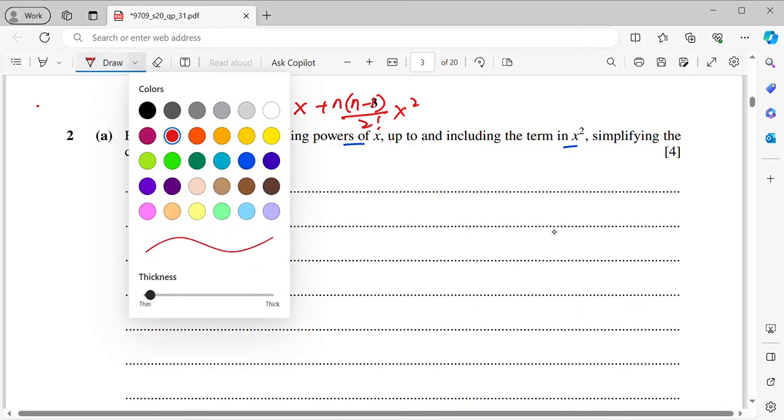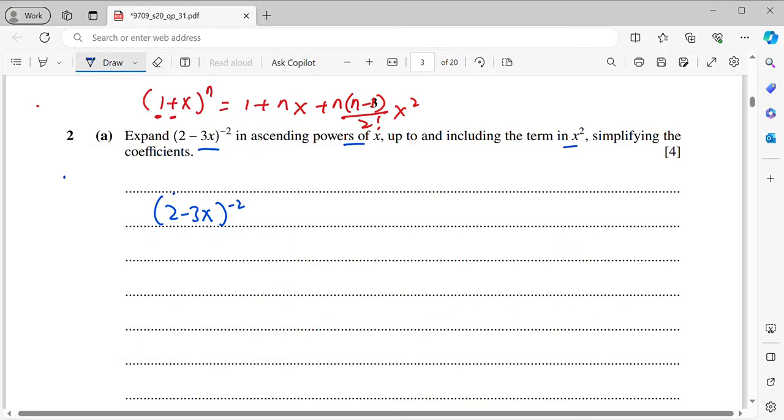Now by looking at the question, we have 2. Therefore, we must factorize the 2. Before that, I will write 2 plus negative 3x to the power of negative 2 first. Then from here I will factorize 2, so I will get 1 plus negative 3 over 2 x, then to the power of negative 2.